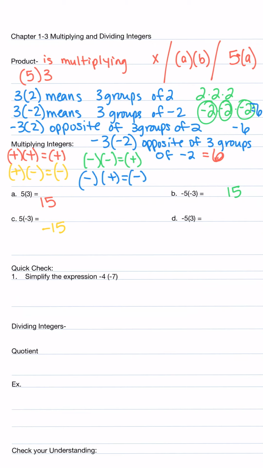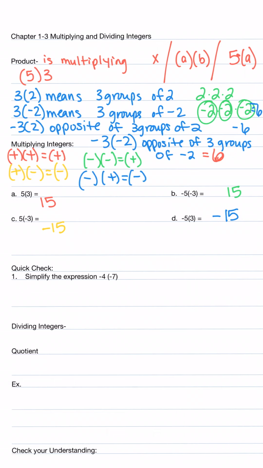So the opposite of the 5 groups of negative 3. And then our last one, we have negative 5 times positive 3. So the opposite of 5 groups of 3 is going to be negative 15. Revisit this if it's confusing to you.